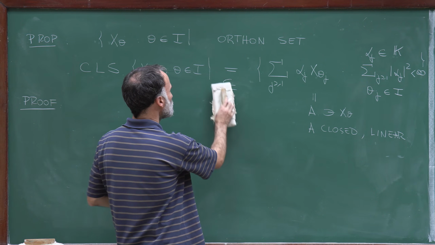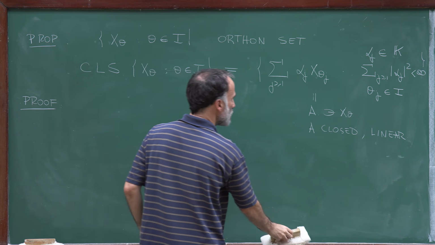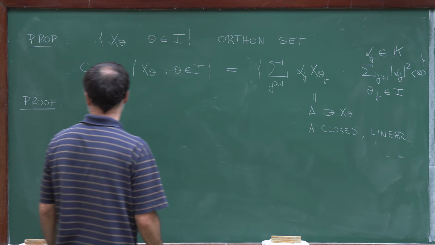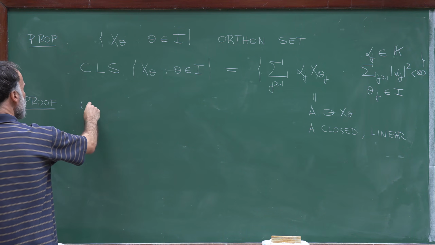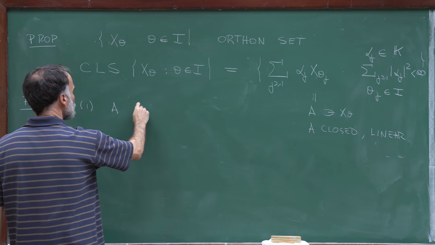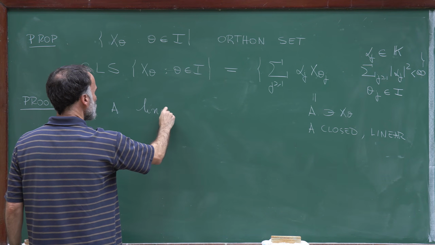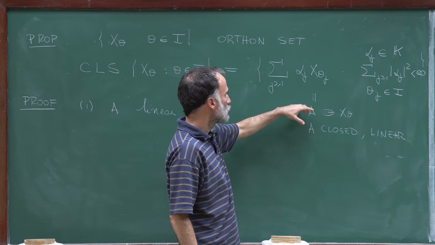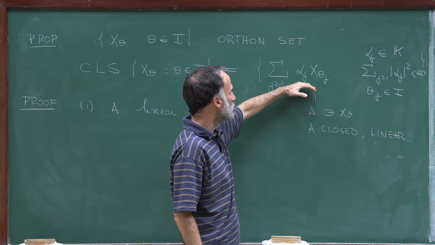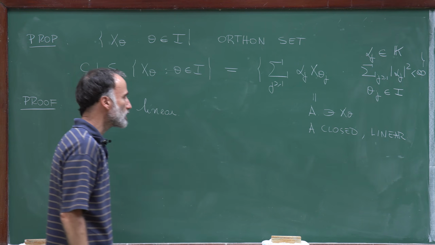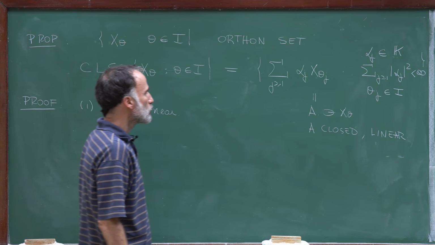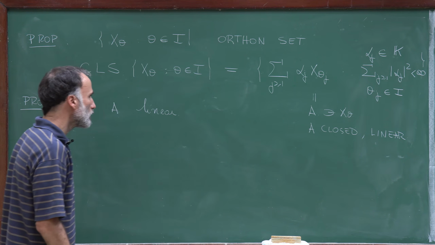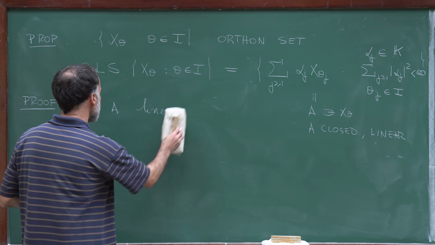So I'll start by proving this inequality by showing that A is closed and linear. That's easy. If you have two elements of A, they are written this way, you can make sense of the sum. So I leave the details to you. What I really want to show is that A is closed.